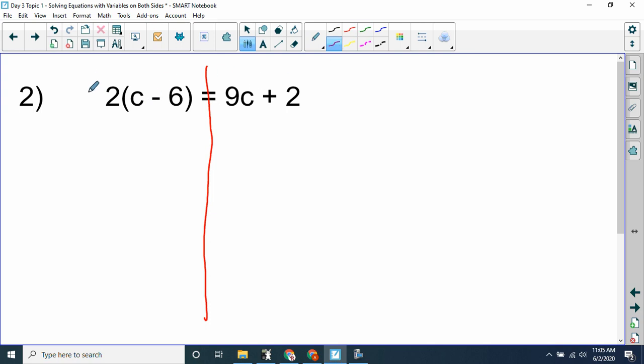First thing we need to do is, I've got 2 times a parenthesis, 2 times quantity. I need to distribute 2 times c and 2 times negative 6. Positive times negative is minus. 2 times 6 is 12.